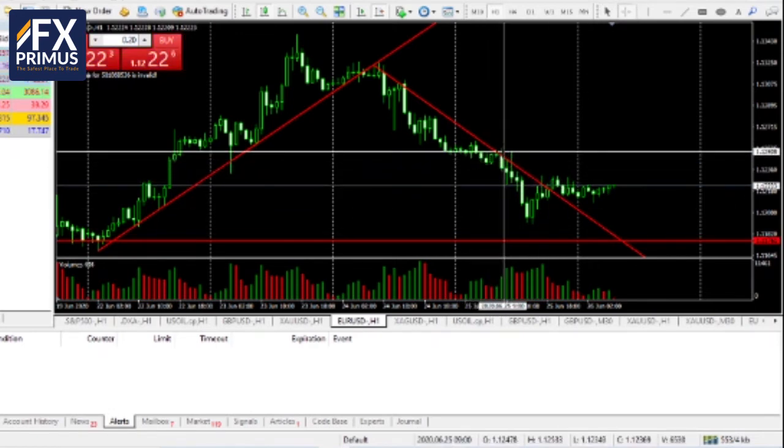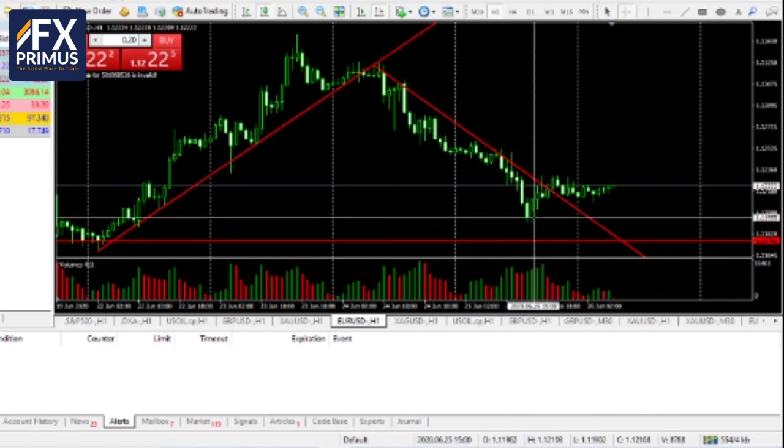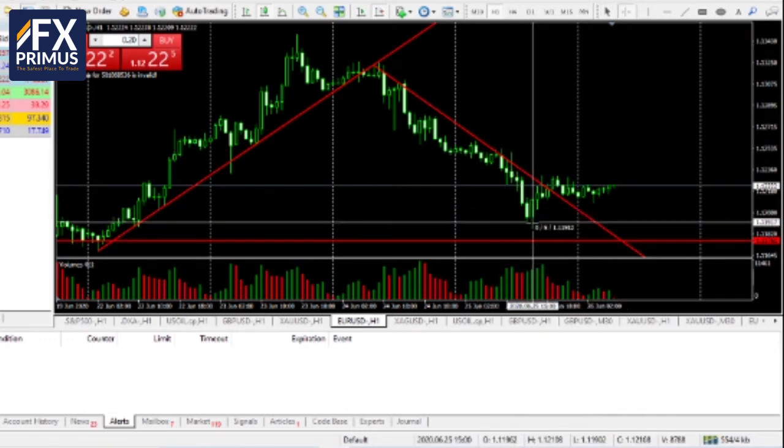The euro dollar moves down from 1.1250 to a low of 1.1190, about 60 pips. Then towards the evening, 1500 plus 5 is 20, which is 8 p.m., the euro dollar moves up again from 1.1191 to a high of 1.1231. So we went back up about 39, almost 40 pips.